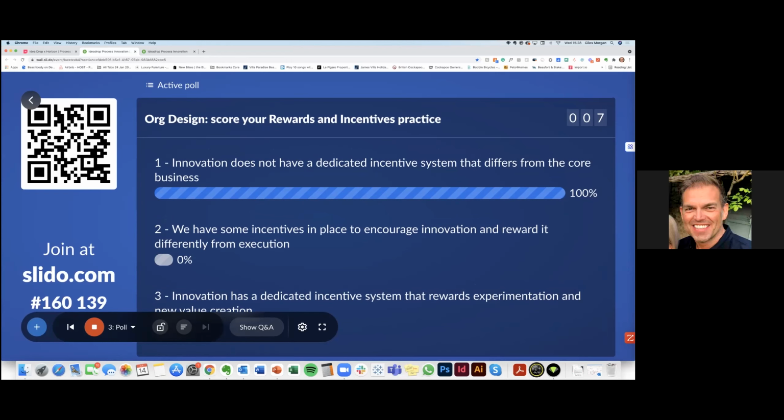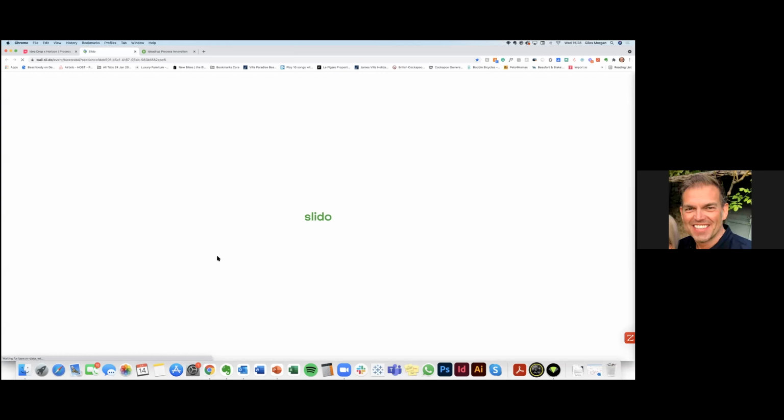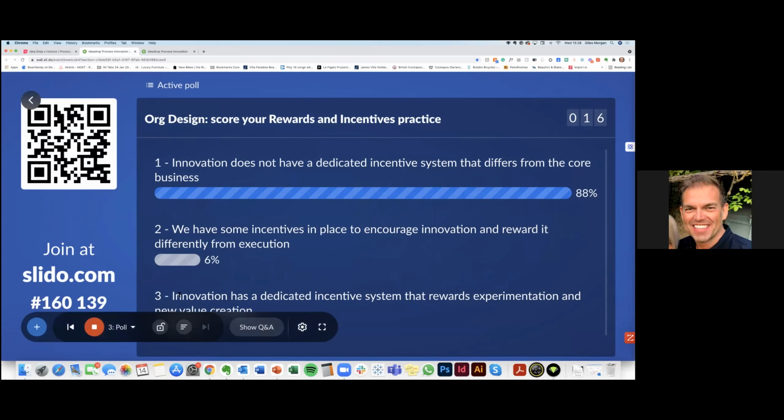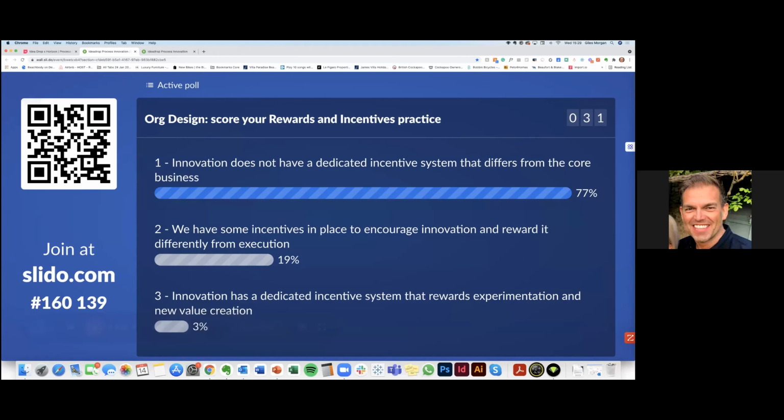So only one person is on the link, so if we can just make sure everyone jumps on the link. Just going to refresh the screen. And there you go, it's starting to change. So we're scoring your rewards and incentives practice. It seems like innovation doesn't have a dedicated incentive system that differs from the core business.